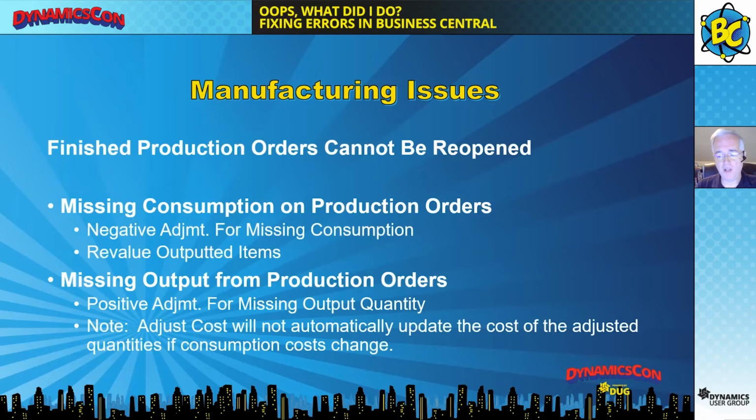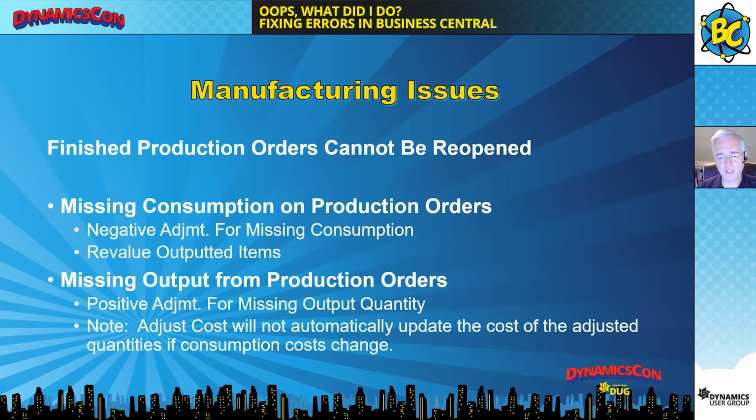At that point, also, you'll need to be aware of one caveat: you will have a small break as far as the traceability, because if you try and trace that positively adjusted product back to its origin, it's going to stop at that positive adjustment entry.